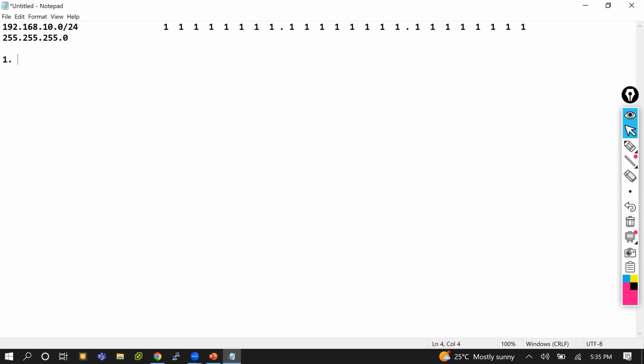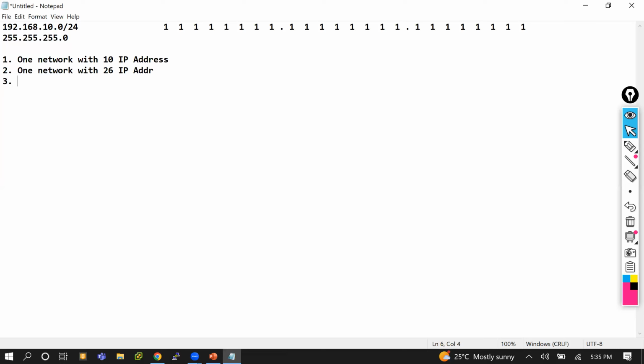So the requirement is like this. One network or subnetwork with 10 IP addresses. Next, one network with 26 IP addresses.